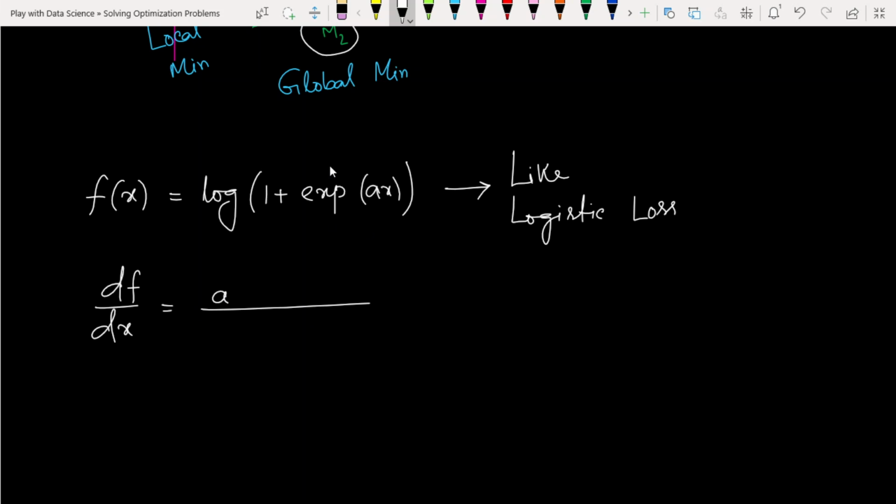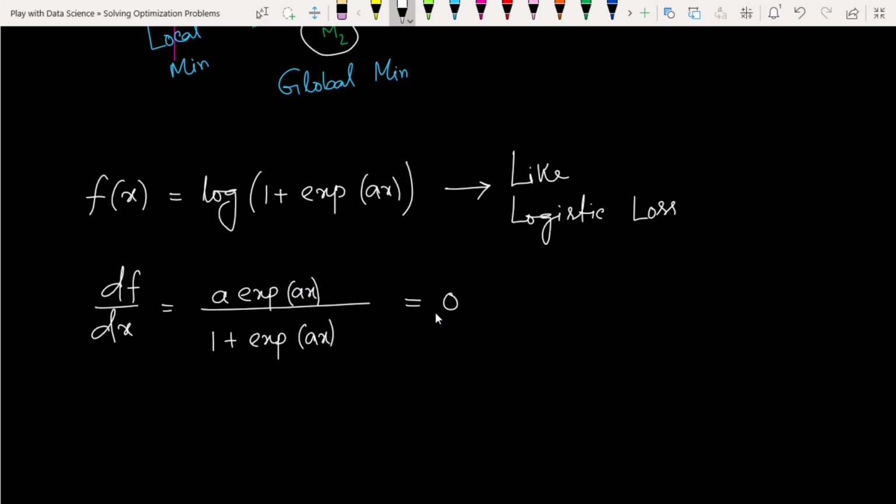Then the differentiation of the exponential portion is exp of ax. And overall the denominator is 1 plus exponential of ax.